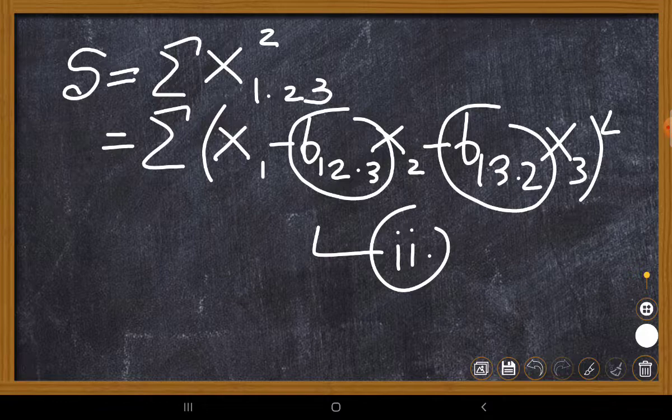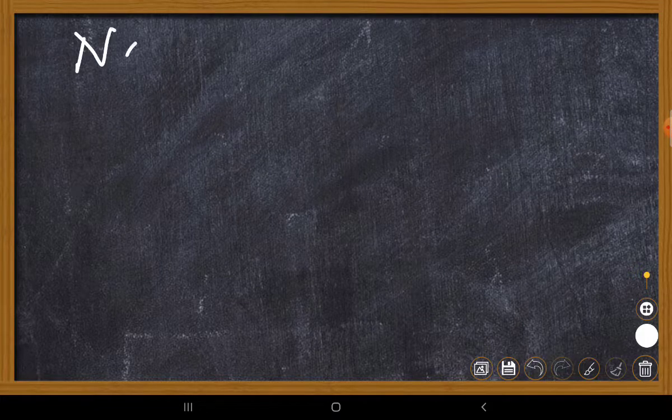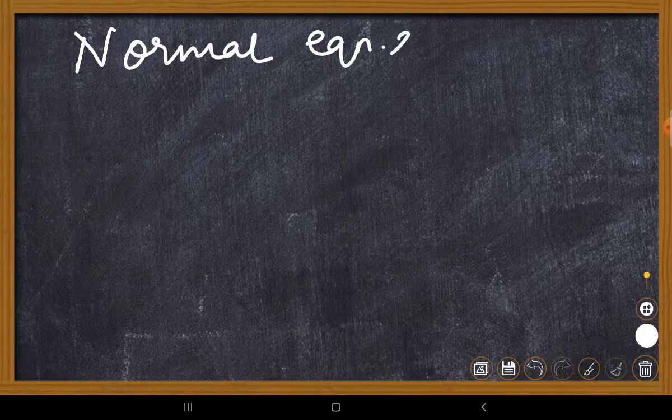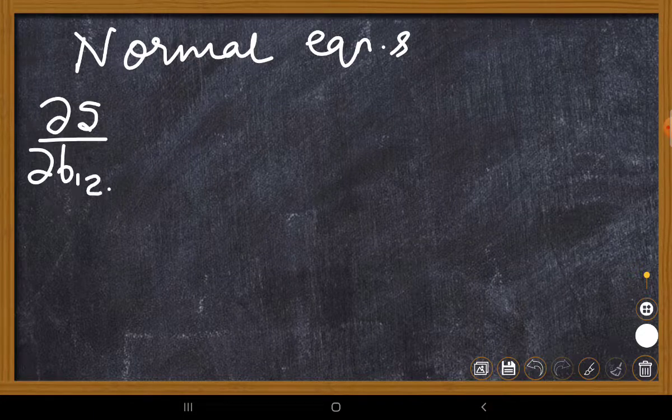Let us write down the normal equations. The first normal equation is obtained by differentiating the residual sum of squares with respect to the first regression coefficient, b12.3, and equating it to 0.